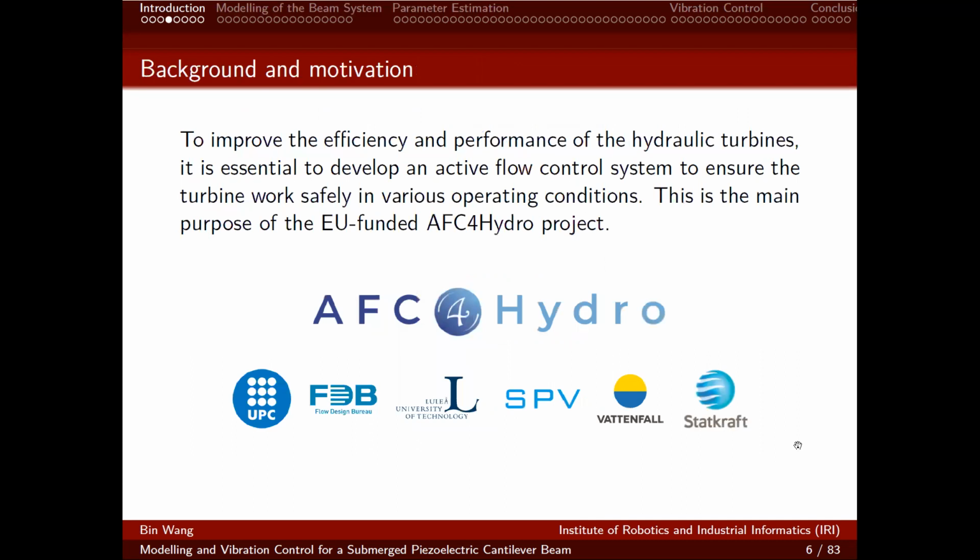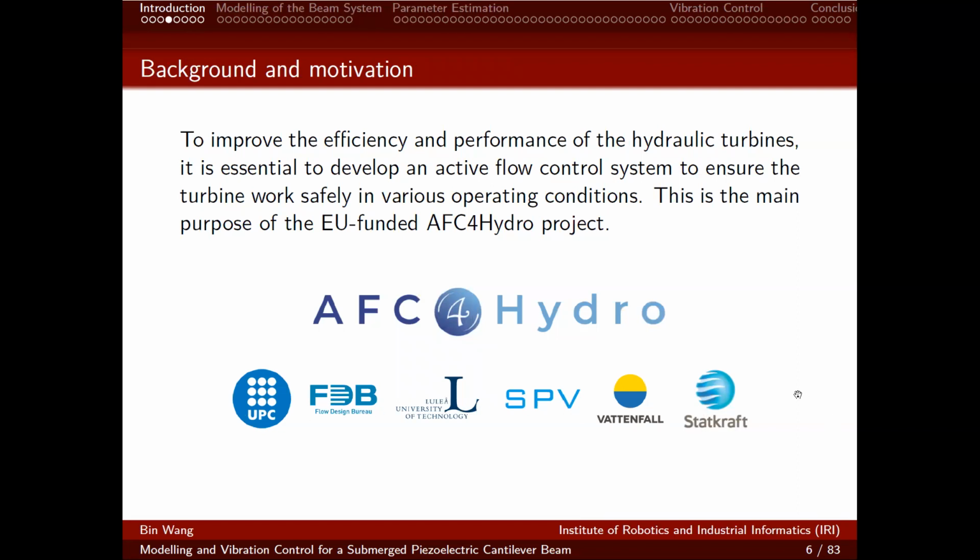To improve the efficiency and performance of the hydraulic turbines, it is very important to develop an active flow control system to ensure the turbine works safely in various operating conditions. This is the main purpose of the European Union funded AFC for Hydro project.